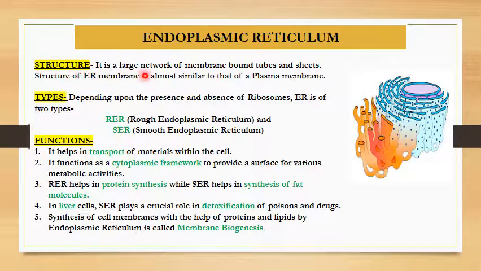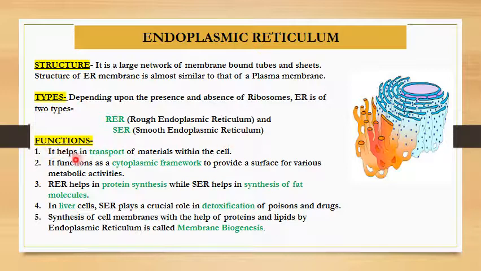It is a large network of membrane-bound tubes and sheets. Structure of ER membrane is almost similar to that of a plasma membrane. Types. Depending upon the presence and absence of ribosomes, ER is of two types: RER, that is rough endoplasmic reticulum, and SER, that is smooth endoplasmic reticulum.